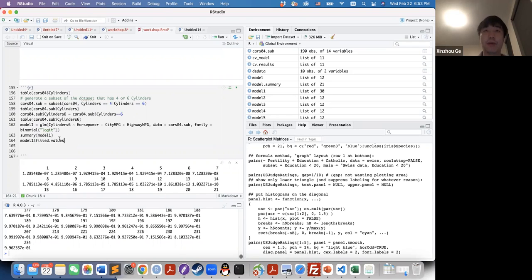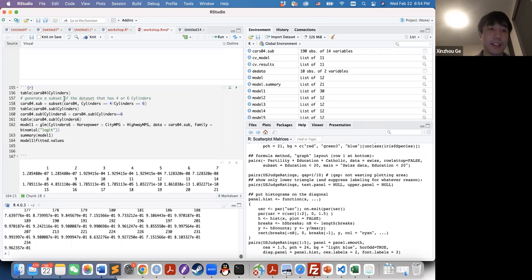So maybe you can repeat these procedures on your side to see whether you can do these logistic regressions successfully. So we have several steps.